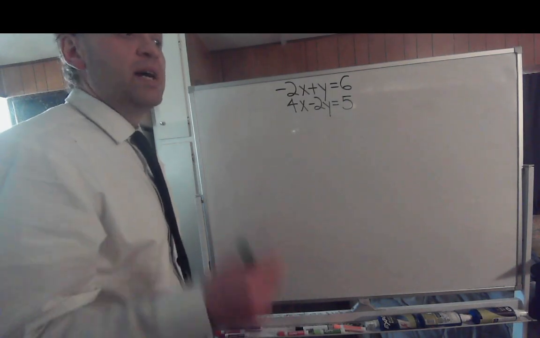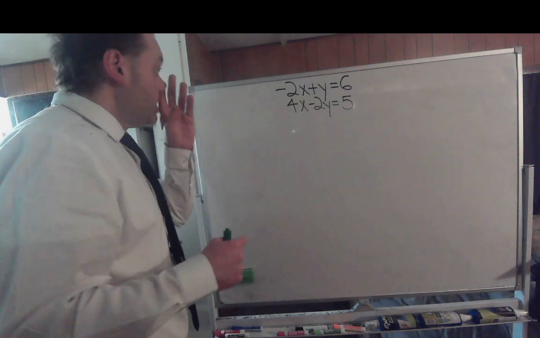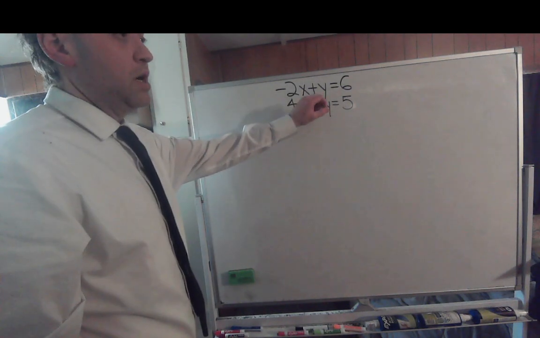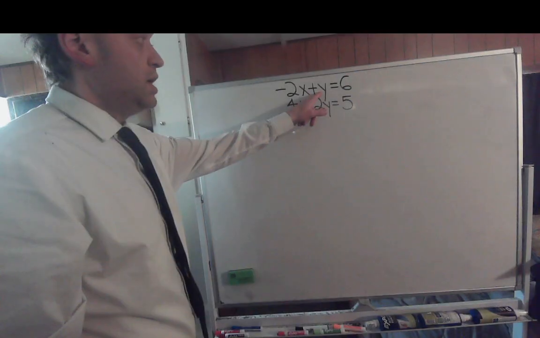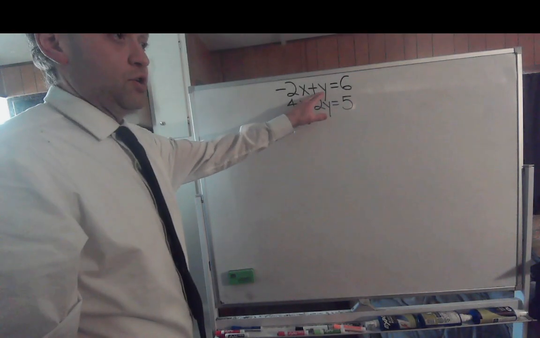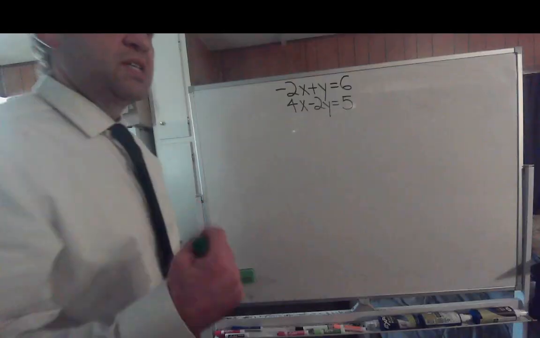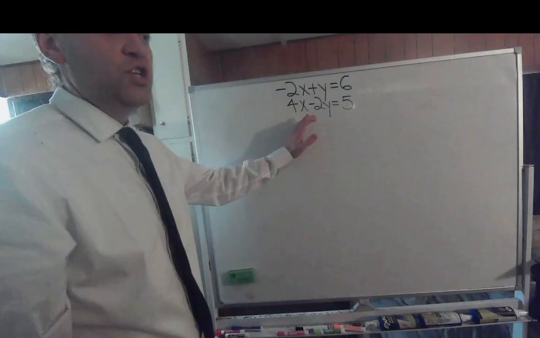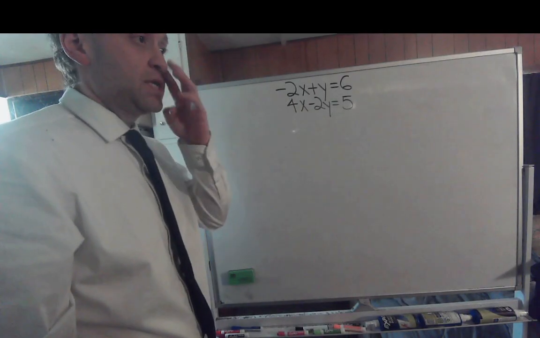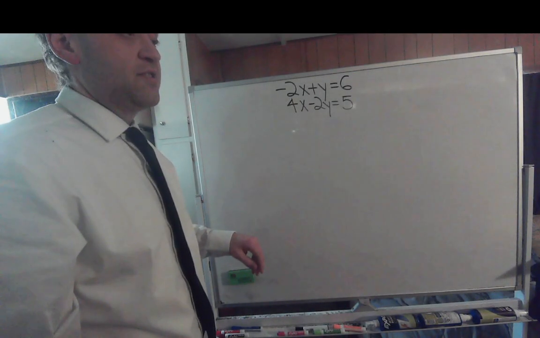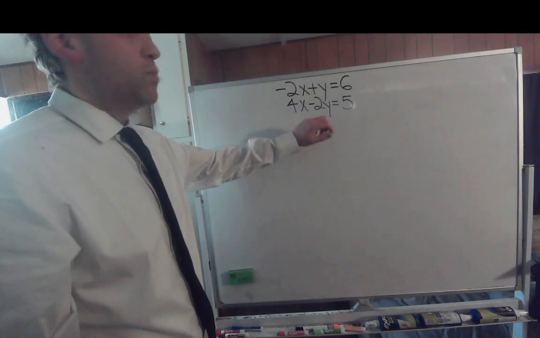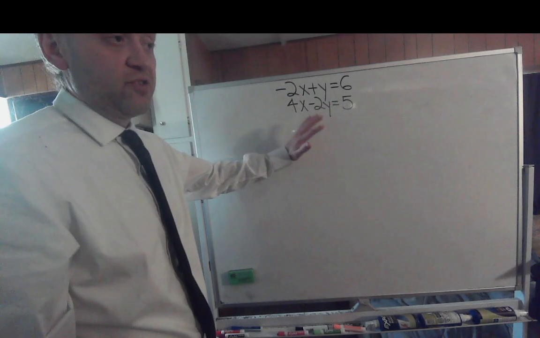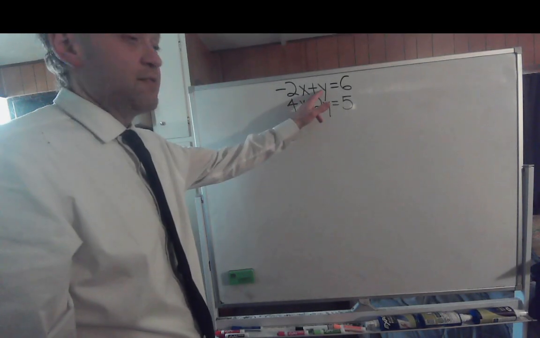We're going to solve by substitution. If you look, you have a coefficient of 1 on the y term. You always want to look to see if you have a coefficient of 1 on any of the variables. If you do, it's a lot easier to substitute. If you don't, you have to factor this in such a way to make one of the variables have a coefficient of positive 1, but it's already set for us.